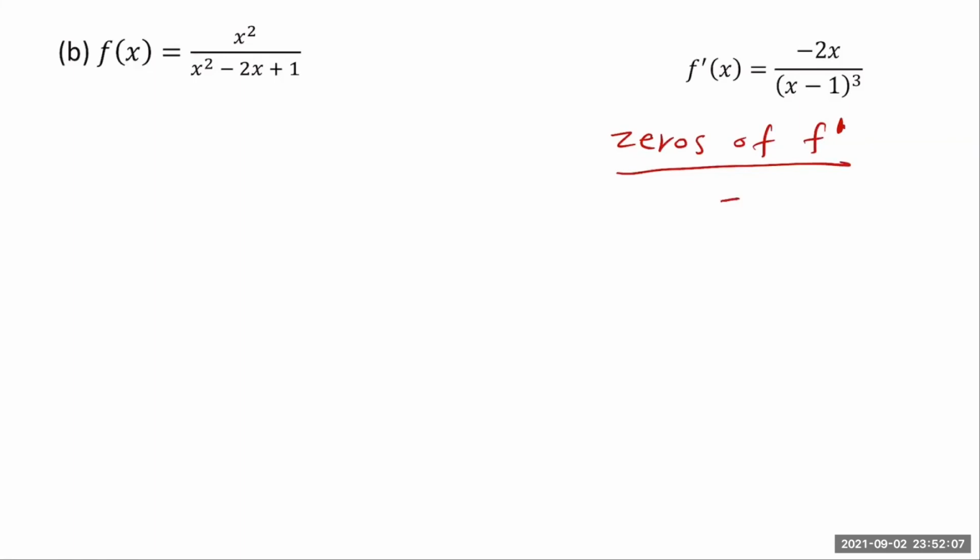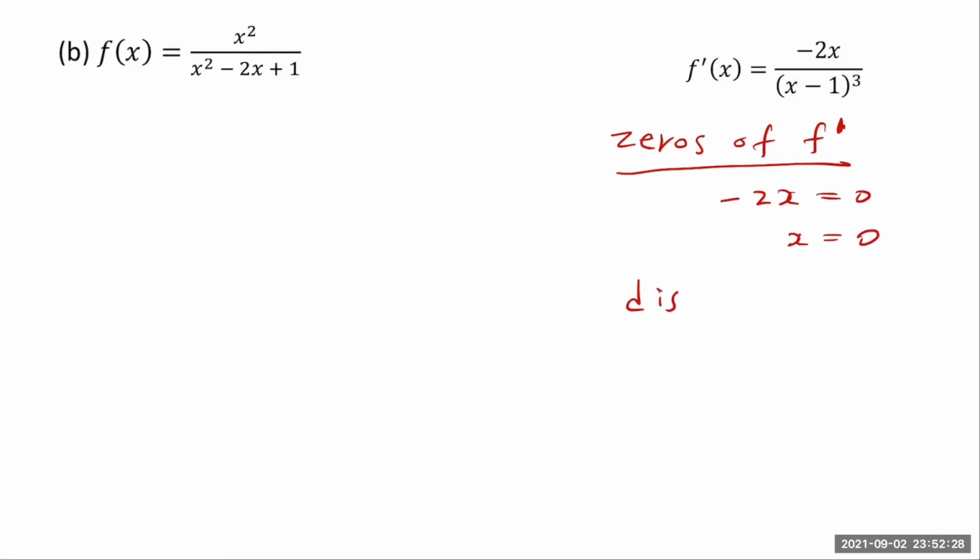I'm going to set my numerator to 0 to find zeros. First of all, notice that there are no common terms to cancel. So I set my numerator to 0 and you get x is equal to 0.